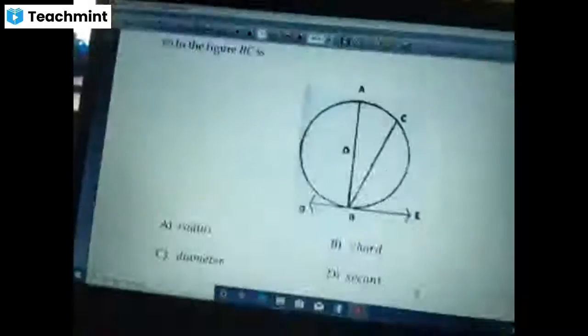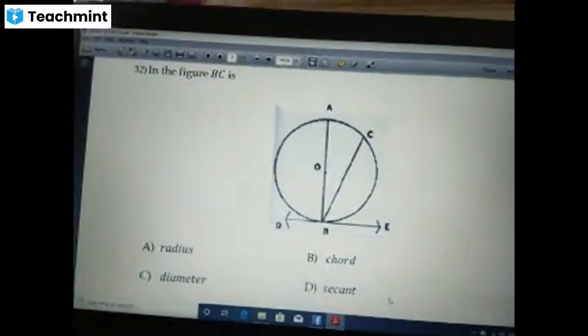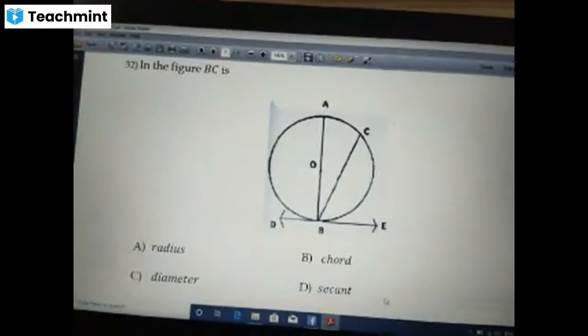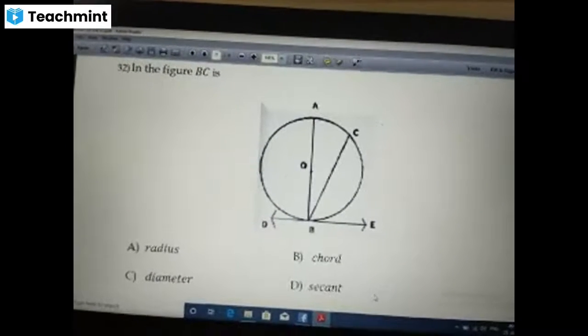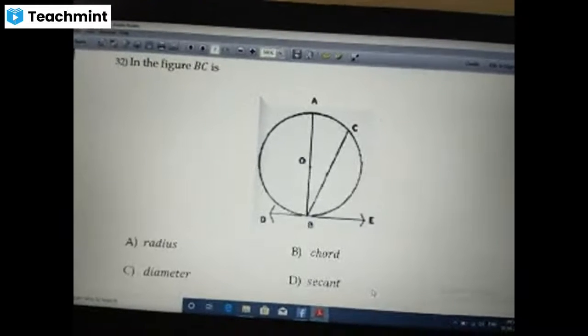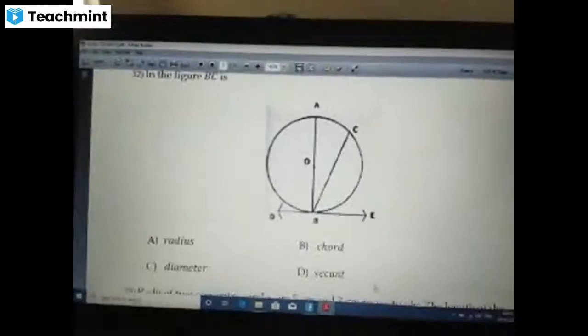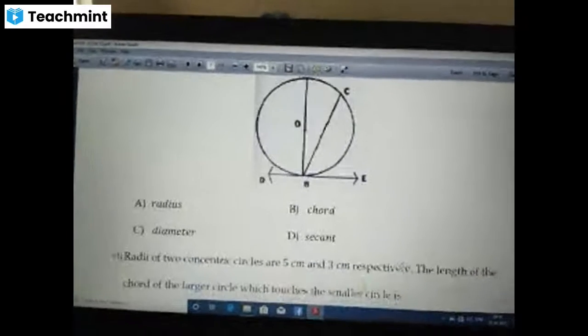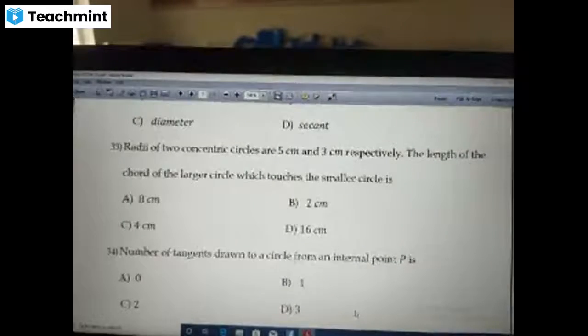Next, 32. In the figure BC, yeah, tell the answer. Chord. BC is a chord, joining 2 points on the circle. Radii of two concentric circles are 5 centimeter and 3 centimeter.